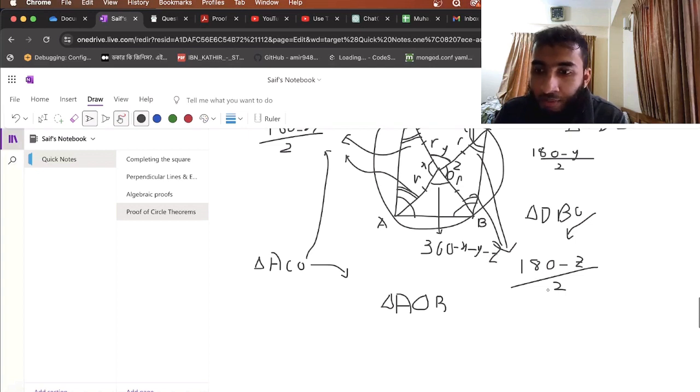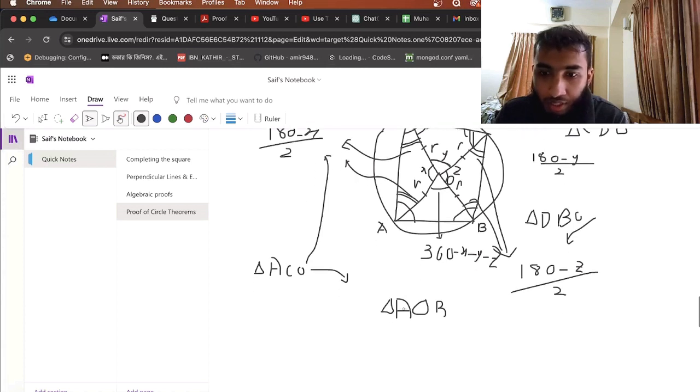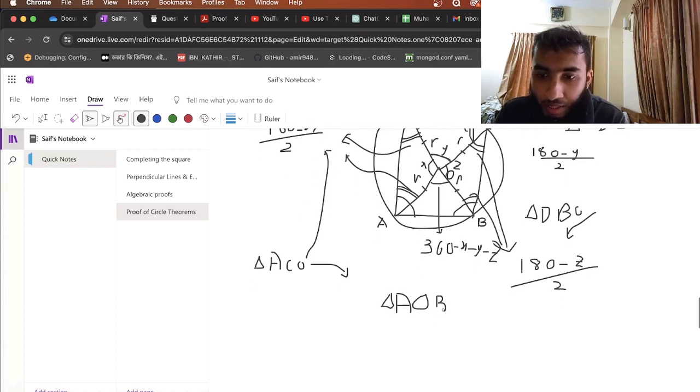So if you use the same formula that we did in the last 3 occasions for the 3 different triangles, in the case of triangle AOB, this will be what?